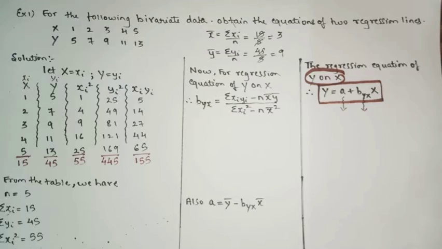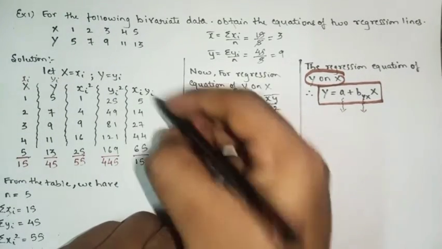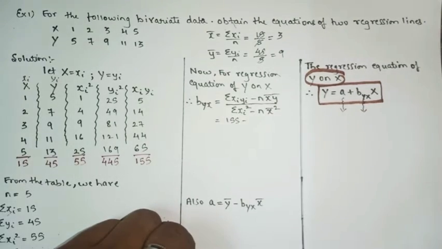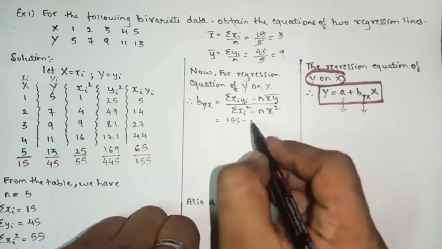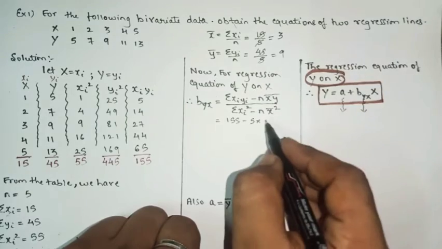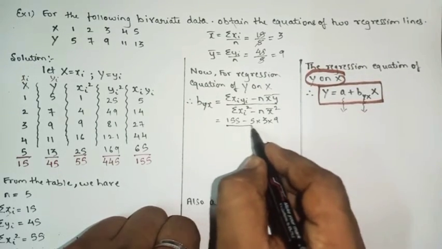So here, total of xi yi is 155, minus n, which is 5, x mean, which we just got as 3, and y mean 9.